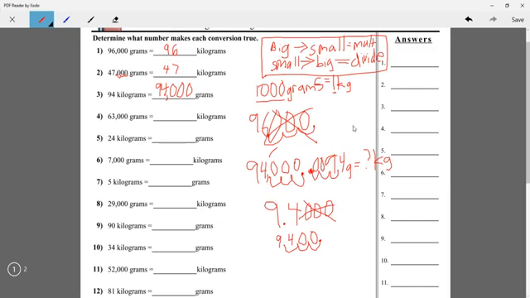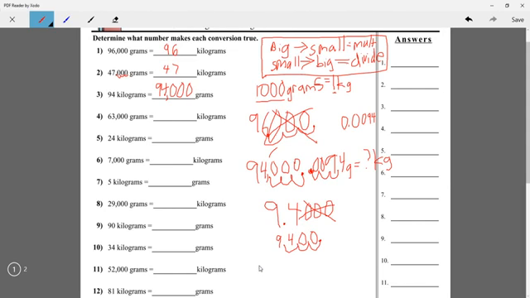So 9.4 grams would actually be 0.0094, or 94 ten-thousandths is actually what it would be. Alright, so I think this is basically knowing how to move the decimal. And we're doing it with 3 zeros because it's 1,000 grams in a kilogram.